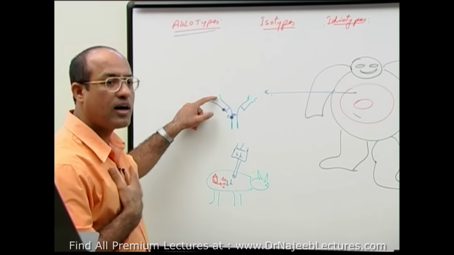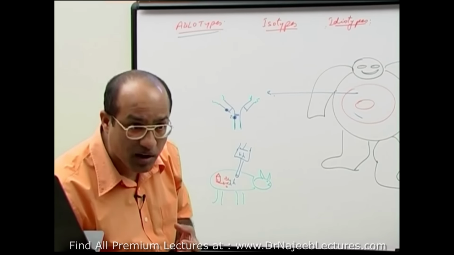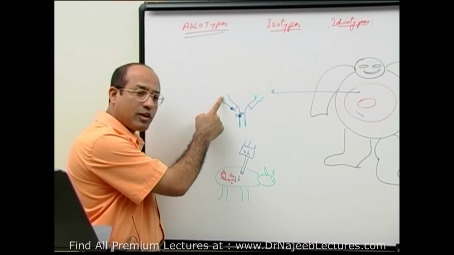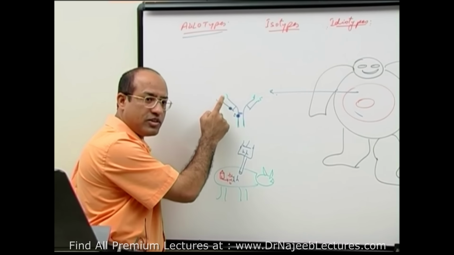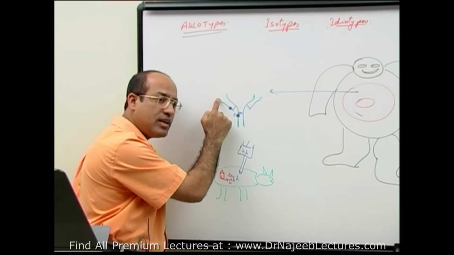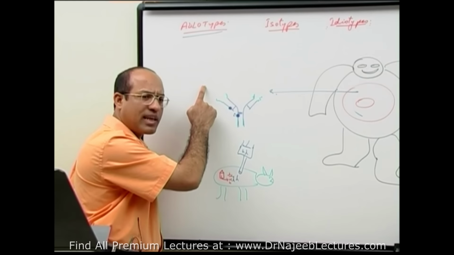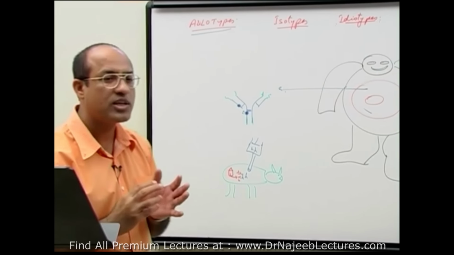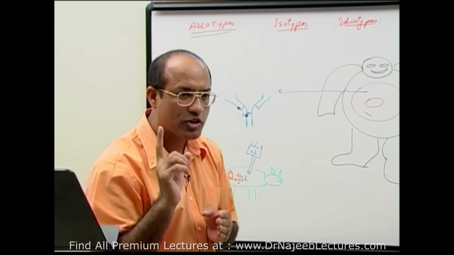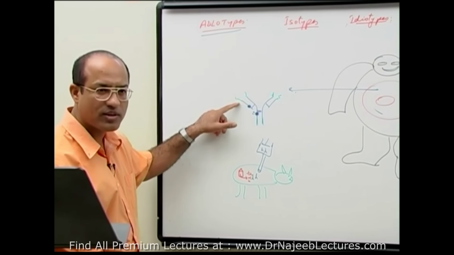But every person has the capacity to make millions of different antibodies directed against different antigens. So these variable regions are so unique that every antibody will bind with a unique antigen. All the antibodies derived from one clone of B cell are directed against a unique antigen, and all those antibodies will have a unique amino acid sequence here.